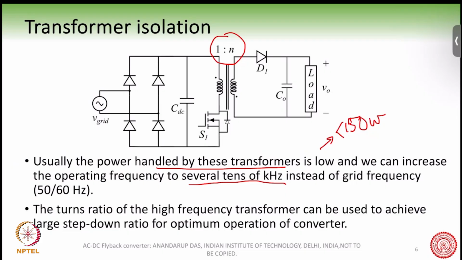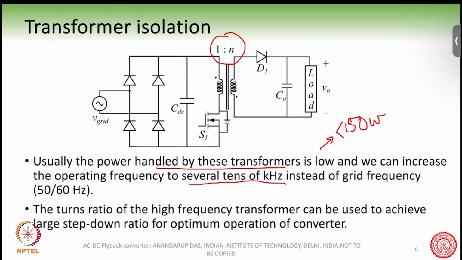The size of the transformer is inversely proportional to the frequency at which it operates. So when we go for a higher switching frequency, like tens of kilohertz, the size of the transformer goes substantially lower compared to a 50 hertz transformer. Our application, for example, is a power supply for a television, which must be very compact and go at the back of the screen.